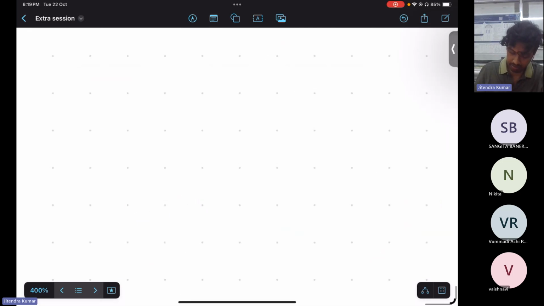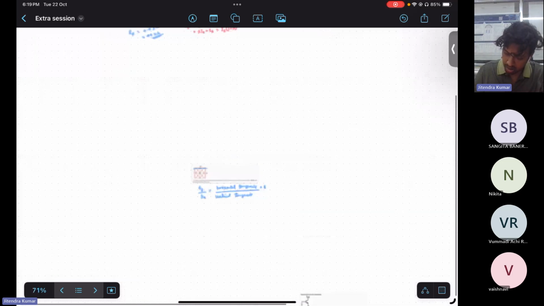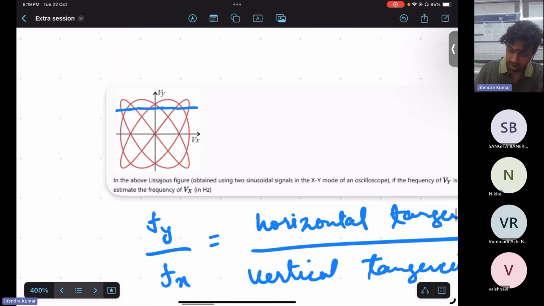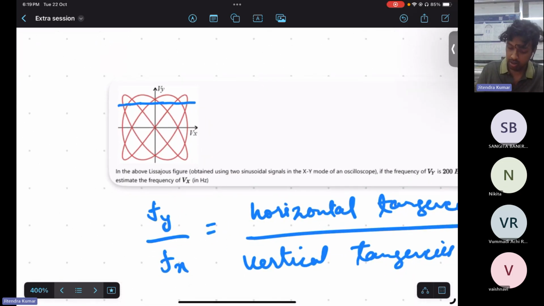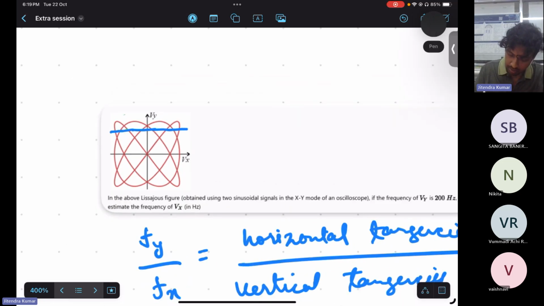So now we need to calculate the vertical tangencies. Vertical tangencies will be like this: 1, 2, 3, 4, 5, 6.